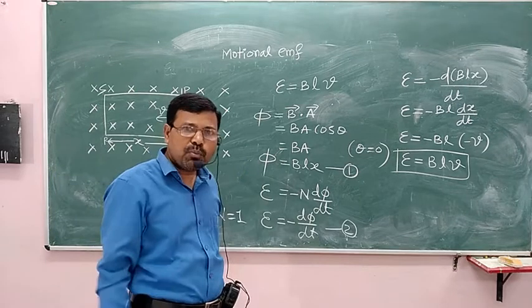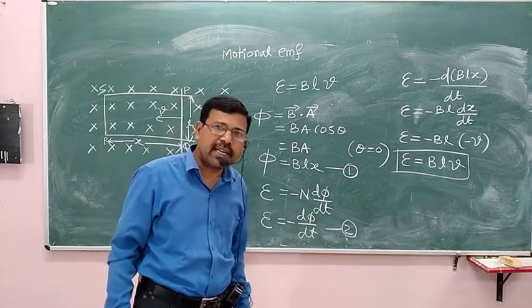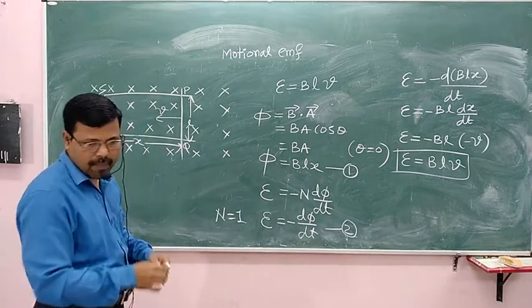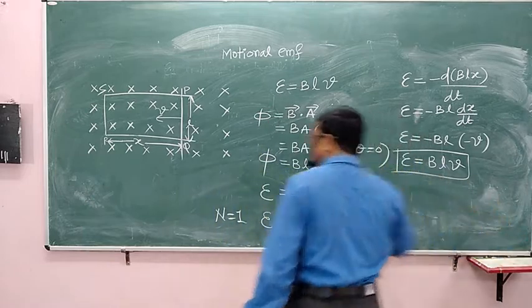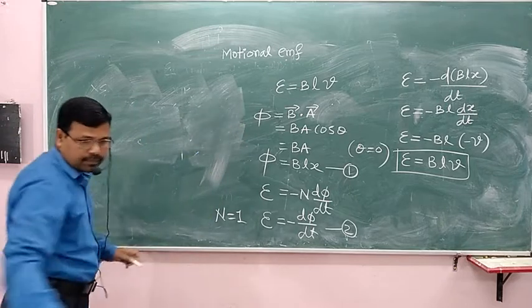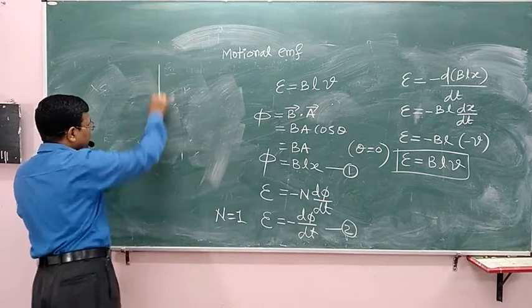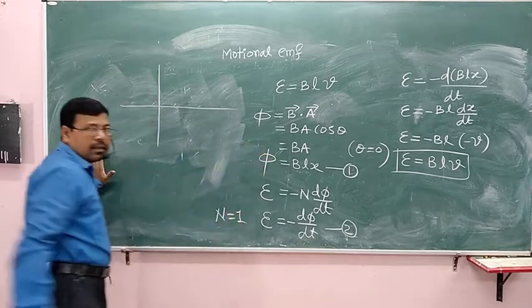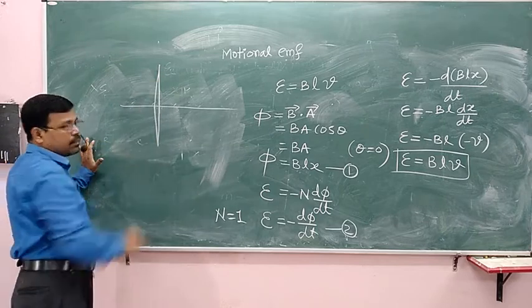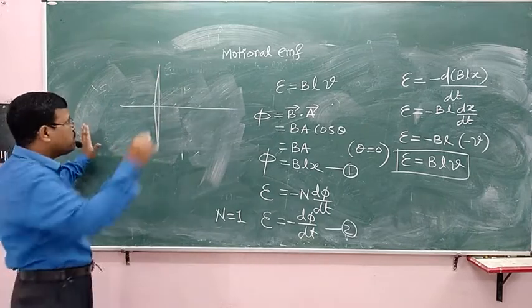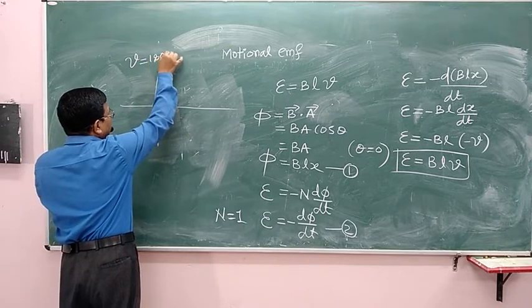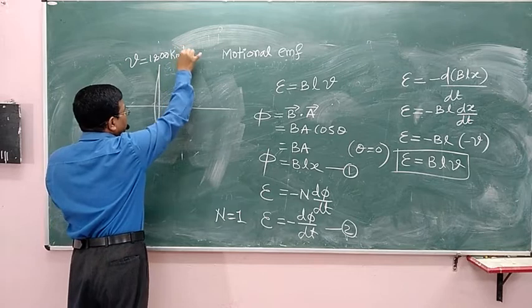This jet plane is moving with a speed of 1800 kilometers per hour.